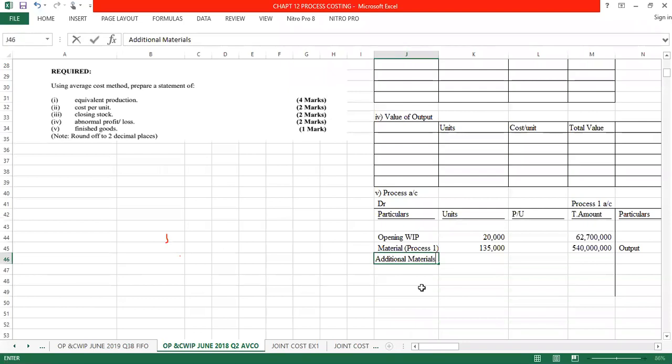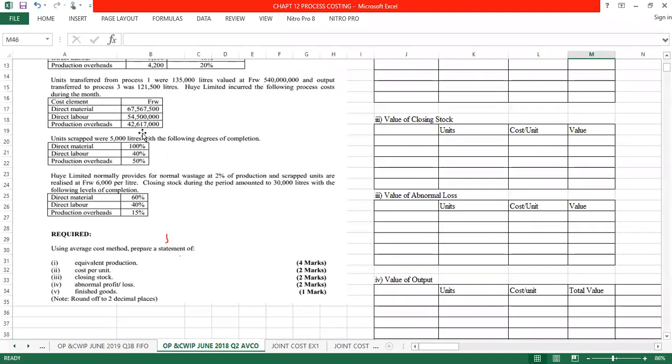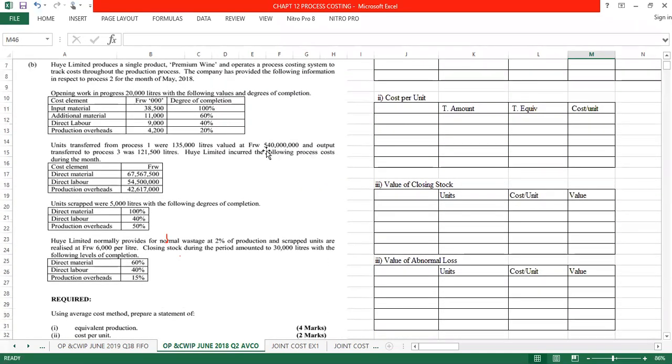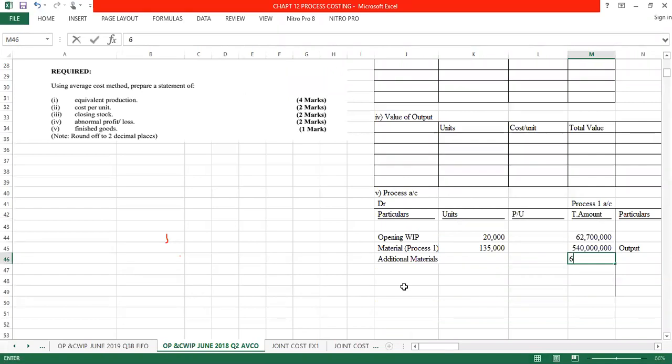If there is an additional material, you call it additional material. So what is our additional material? 67, because the original was already 540. So 567,500.